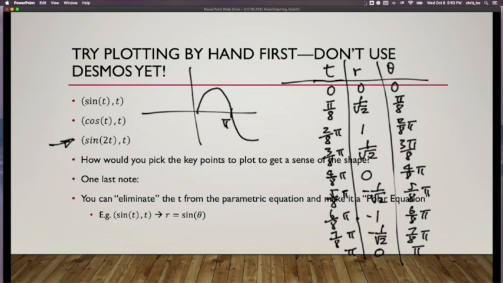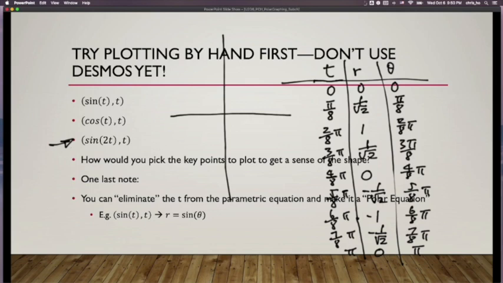So let's see if we can figure out what the shape looks like. Again, let's use red. When t is 0, r is 0, theta is 0.